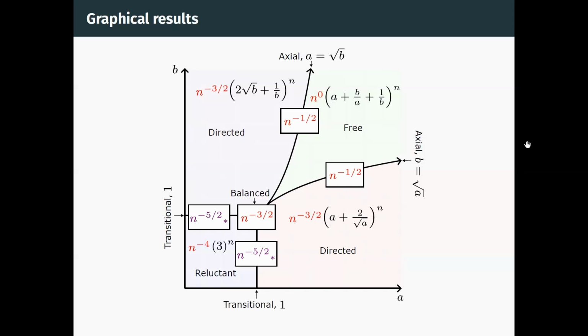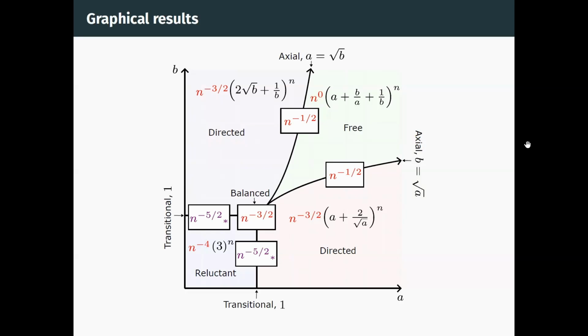And so on any of the lines between the regions, the growth rate is given by either side because they're equal there. And then one thing that I'll get back to later is that currently the two, they're hard to see as purple, but the lower and the upper left boxes right there are still conjectured because they do involve this singularity type that doesn't yet quite have results for it in the ACSB toolbox. Okay.